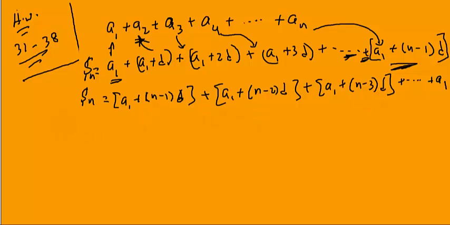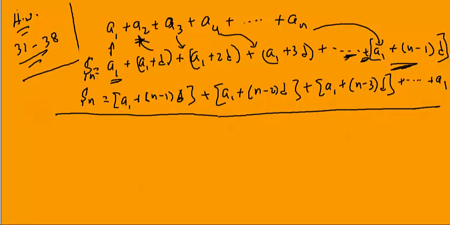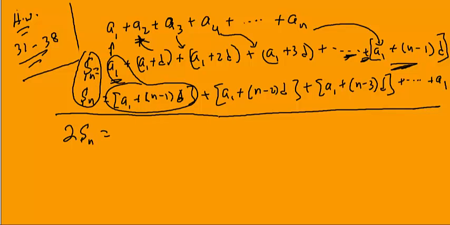All I did was rewrite everything backwards. Now I can add up each column. If I add up my left hand column, I'm going to have 2 S sub n's. Now notice when I add this and this, I'm going to get a sub 1 and a sub 1, which is 2a sub 1, plus a n minus 1 difference.